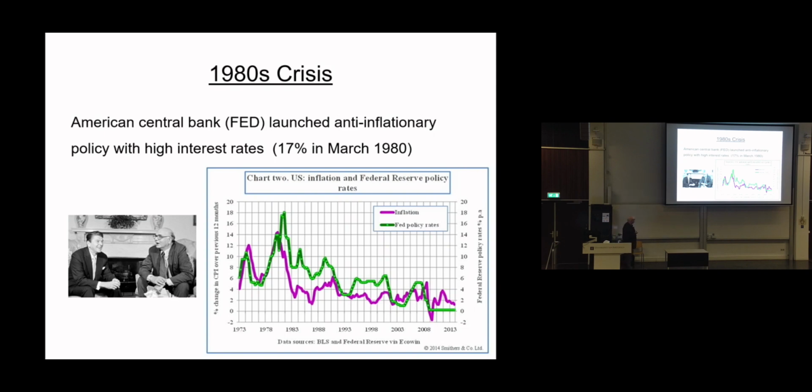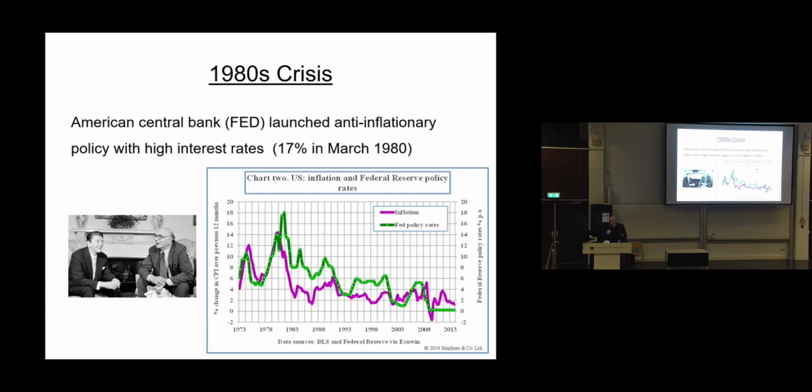Reagan came into power here on the left-hand side. On the right-hand side, Paul Volcker, the president of the central bank. And Ronald Reagan wanted the Federal Reserve Bank to launch an anti-inflation policy, and they did so by raising the interest rates. You can see that in the graph.